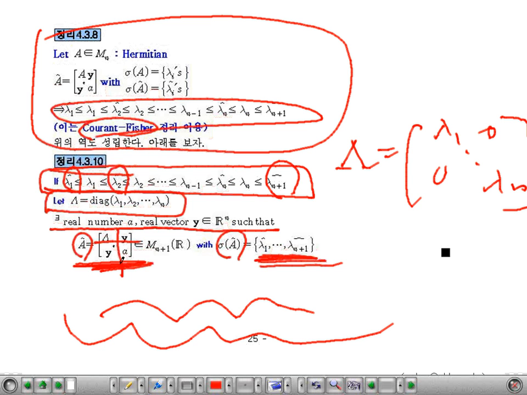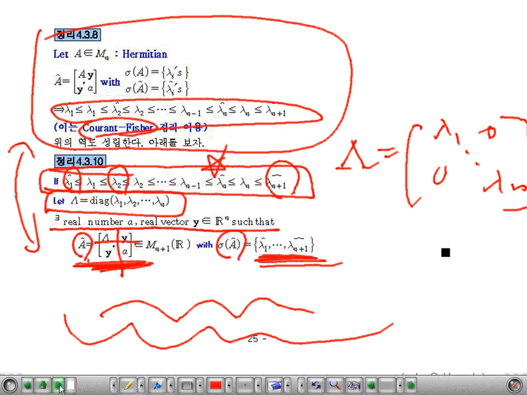We can always develop this matrix. So this is information for the inverse eigenvalue problem for the bordered matrix. So we can expand to a larger size, or we can construct a matrix with the information that we like to give.